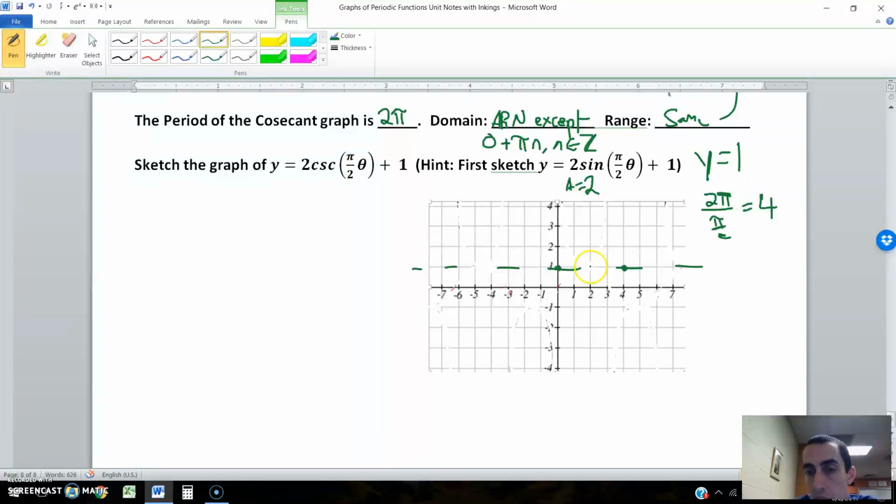Halfway through the sine graph, it hits the midline, has an amplitude of 2, so a quarter of the way through the graph, it's going to go up 2, and 3/4 of the way through the graph, it's going to be down 2. And so we'd start by doing this one. And then since the period is 4, we can do this whole process again. Same over here.